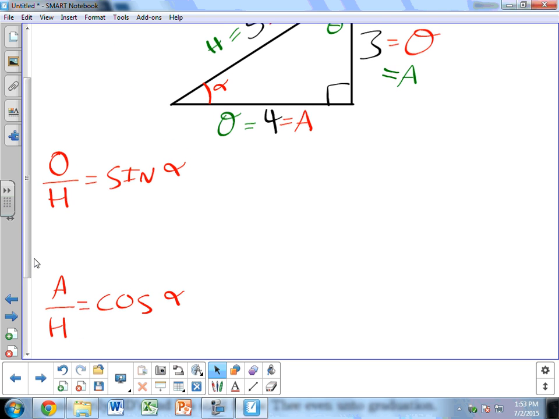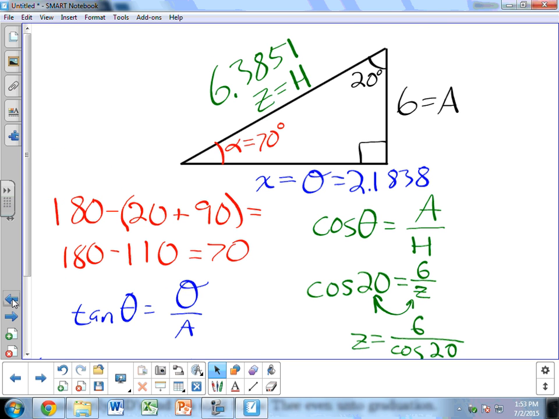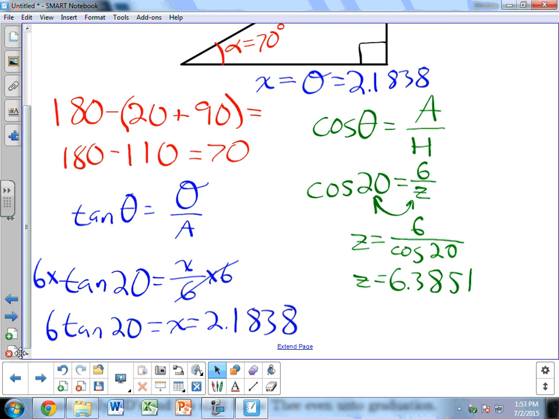Okay, so when we were solving these equations, and this one's the best example, I think, because when we solved for tangent, we had to multiply by 6 because there was a 6 in the denominator. So we had on the right side x divided by 6. The opposite of division is multiplication, so we multiplied by 6.